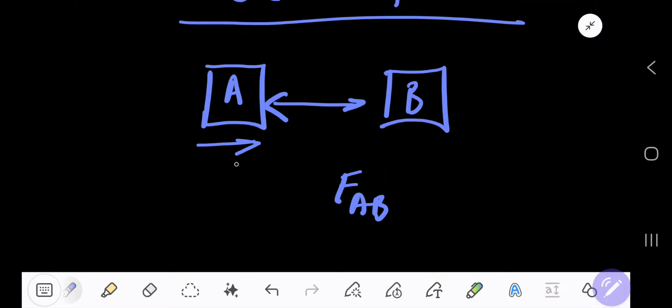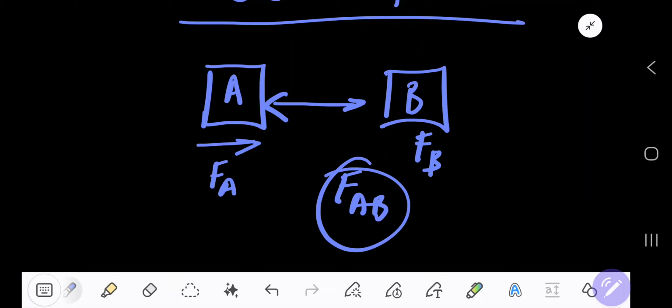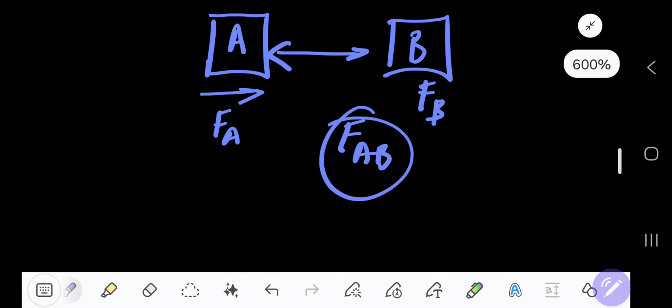So the force applied by A would be FA, and the force applied by B would be FB, and the total magnitude of the reaction would be FAB. So in the interaction of two bodies A and B, the magnitude of reaction, that is the force AB applied by body B on body A, is equal in magnitude to the action force BA applied on body B by body A, but they are in directions opposite to each other.